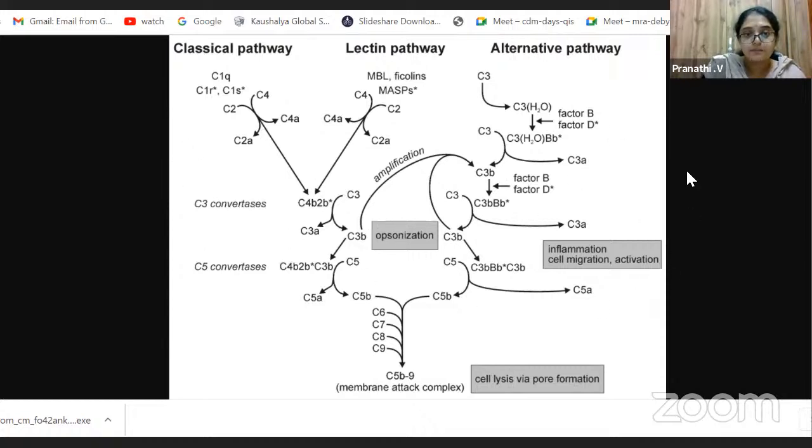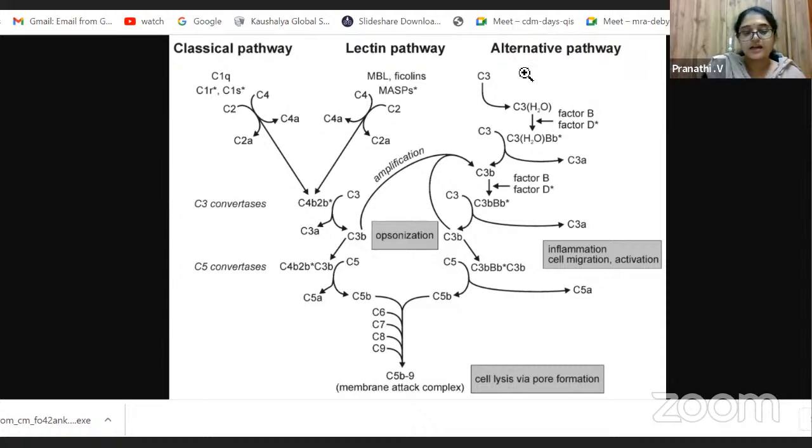Now these three pathways, that is the classical, the lectin or the alternative pathway, converge. At the center, you have the most important step, wherein the enzyme activity of the C3 convertases is generated. You have different kinds of C3 convertases depending upon the pathway that has been activated.